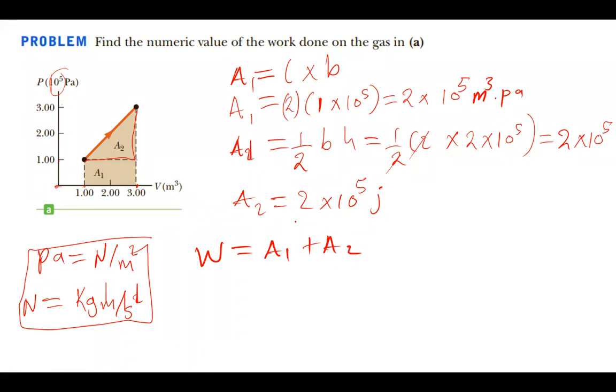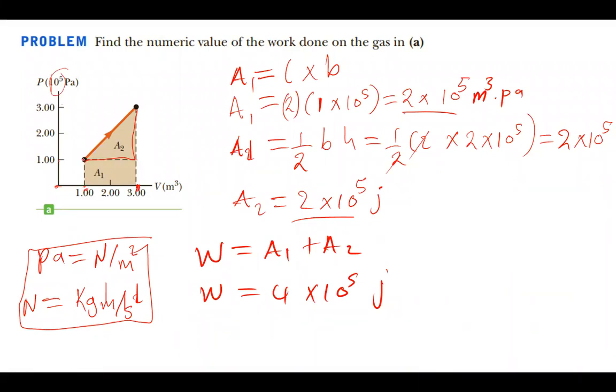When you add this and that, you get 4 times 10 to the power 5 joules. So this one is the work done on the gas, and it's positive when the arrow is moving from a higher volume going to a lower volume.